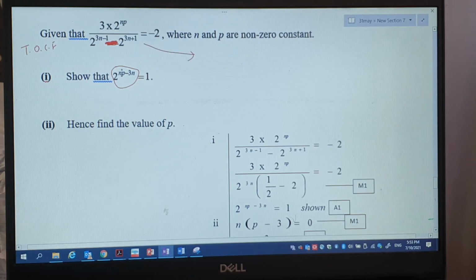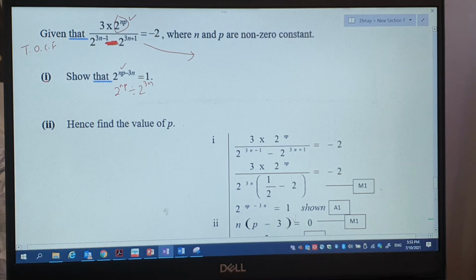Okay, so we are aiming for 2 to the power of np minus 3n. How do we get this? That means we must have 3n, and we must have np. np is here already. That means this fella stays. Okay? 2np divided by 3n, right?